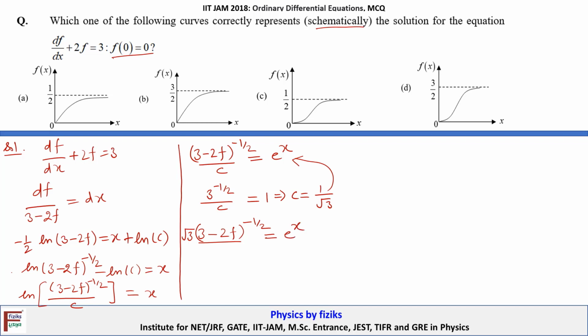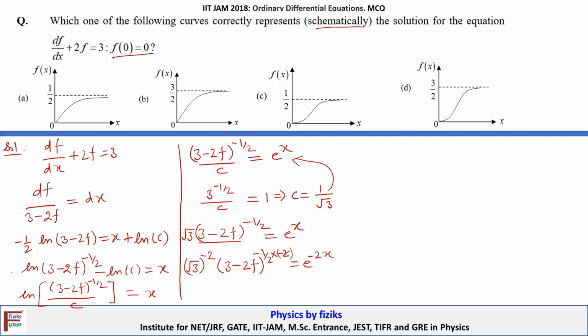Now we have to separate out the f value in terms of the x value. Therefore we raise the power on both sides by minus 2. Then the first term becomes square root of 3 to the power minus 2, and the next term is (3 minus 2f) to the power minus 1 by 2, into the power minus 2, is equal to e to the power minus 2x.